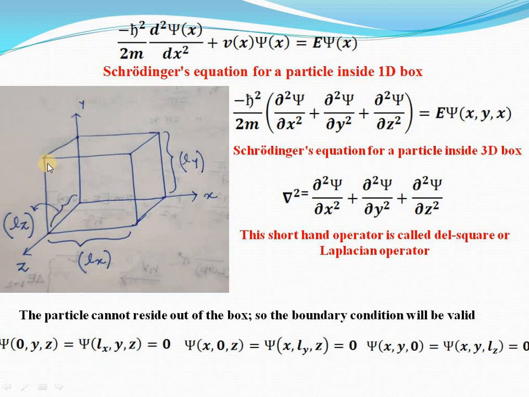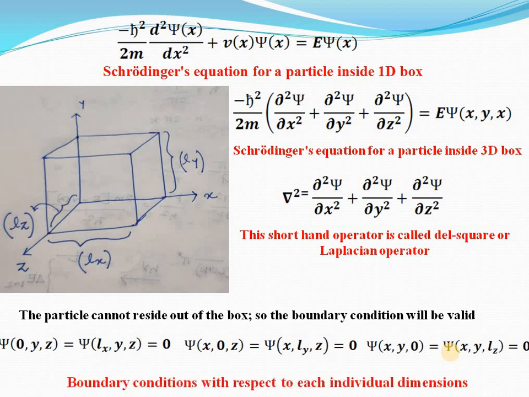So at the edge of the box along each direction the wave function will also be 0. At the edges x equal to 0 and x equal to Lx, the psi value will be 0 for all values of y and z. Similarly, at the edges along the y and z directions the value of psi will also be 0. So these are the three boundary conditions that are valid in the case of a particle inside a three-dimensional box.